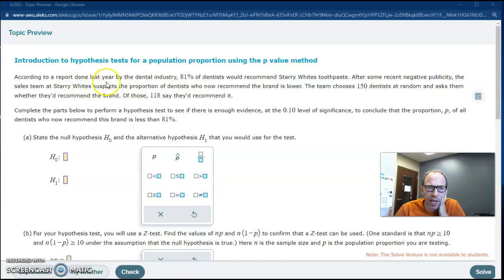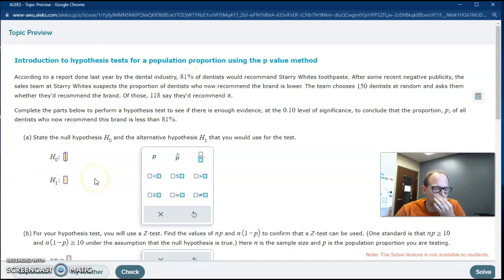Here we have a prior report that claimed a population proportion of 81%. We also have a sample where 118 out of 150 say they'd recommend the brand. So we're testing whether or not the sample bears out this report that was done last year.